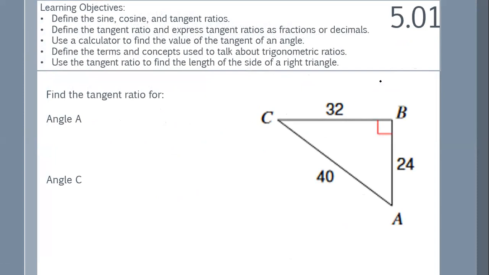All right, so 5.01 was Friday's assignment. So this was dealing with tangents. As I said, this unit is dealing with trig ratios. So tangent is equal to the opposite over the adjacent.